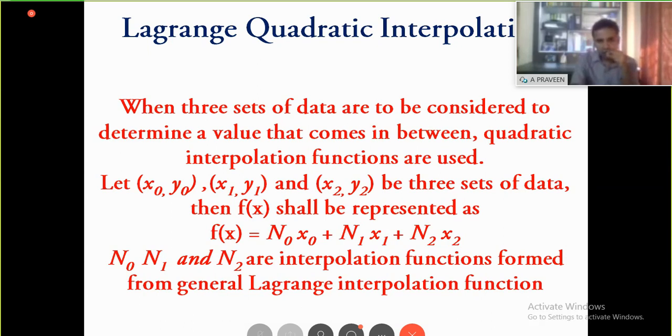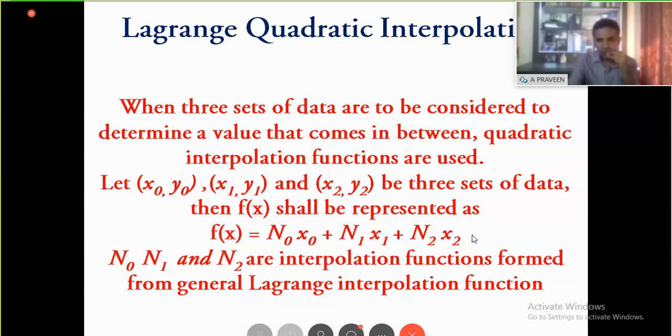When you have x0, y0, x1, y1, and x2, y2, you have three terms coming in, because you are trying to build a generic function comprising all three. So any value in between, this general function should be able to give us.